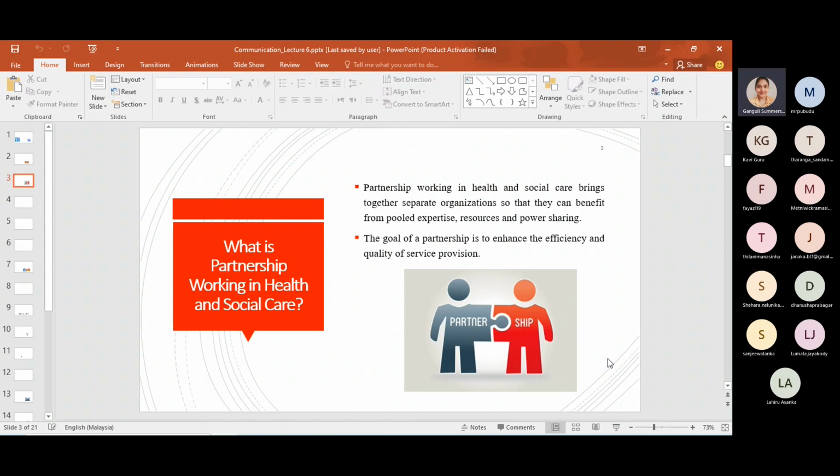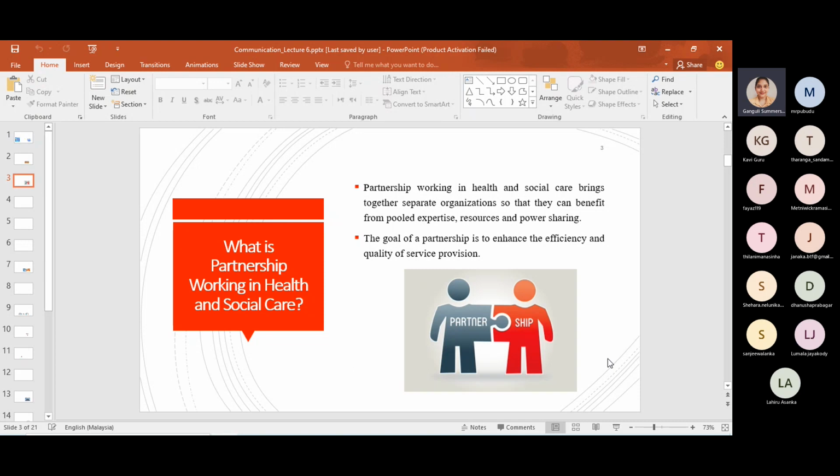So we'll discuss these two points mentioned over here. Partnership working. I explained to you what partnership working is. Partnership working is several people coming together and working as a team, working as partners. During this process of working as partners, you share certain things.